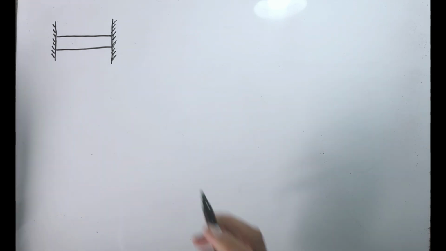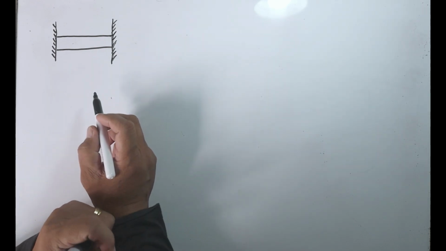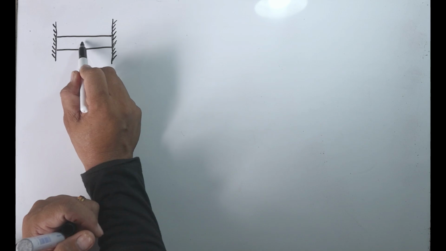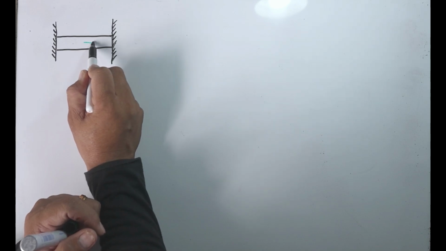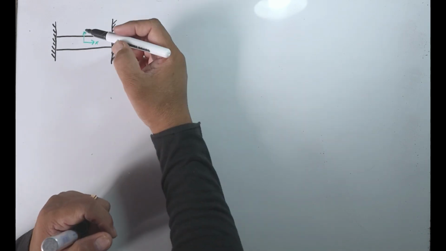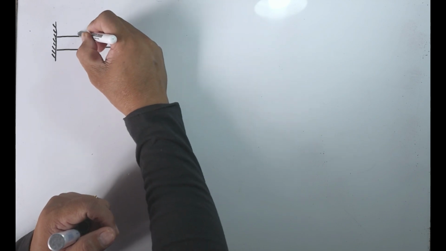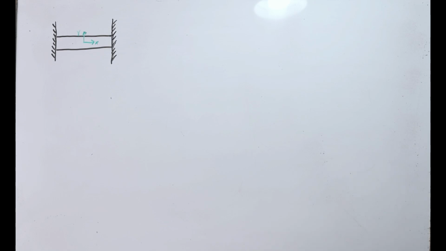Okay? So if we let the length of the tube be our x-axis and perpendicular to that our y-axis. Again, without any pressure, this tube will just fit between these two rigid walls.